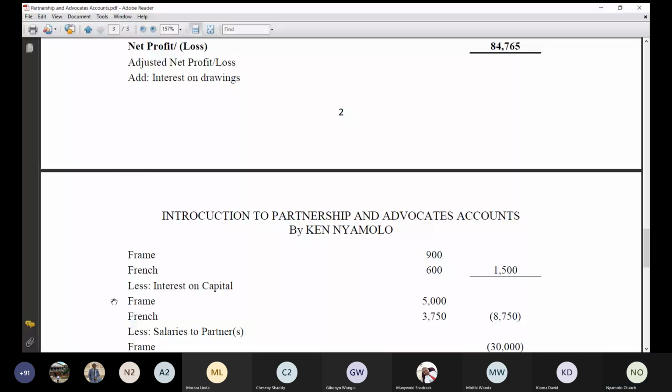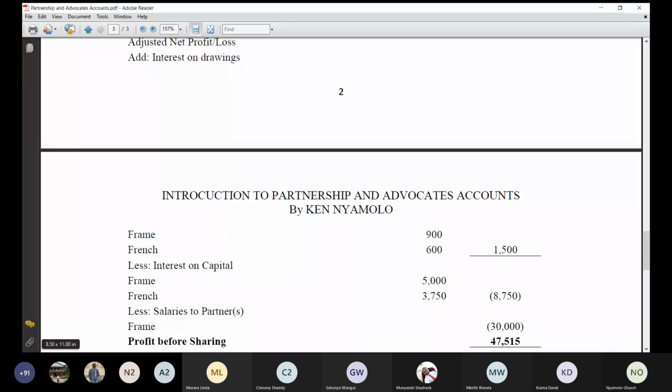Interest on capital is also adjusted, and this is an expense to the business. Linda, Nyamolo, Wendy gave us capital.